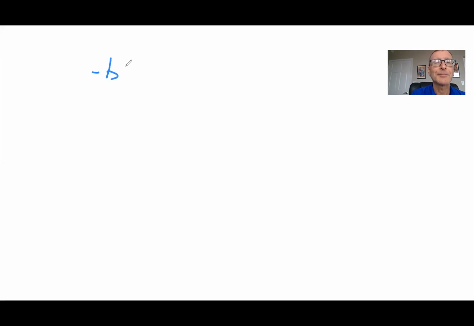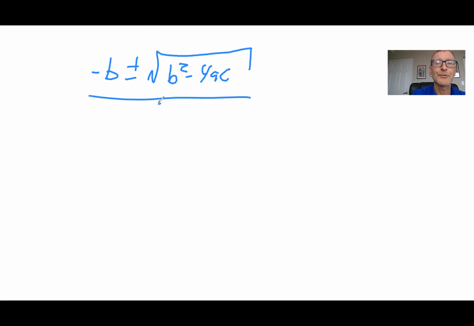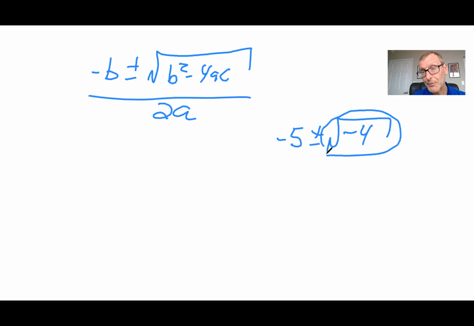This is minus b plus or minus the square root of b squared minus 4ac all over 2a. So you could see that, for example, if we ended up with something that looked like this, minus 5 plus or minus the square root of minus 4, when you calculate that, that's going to be minus 5 plus or minus 2i.